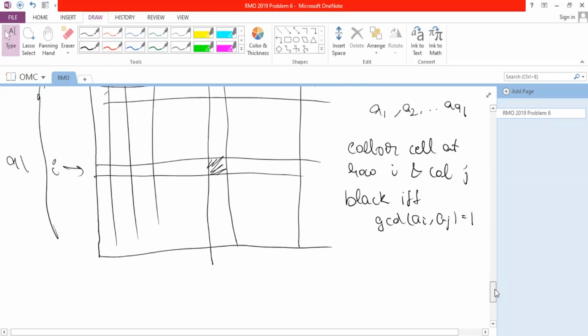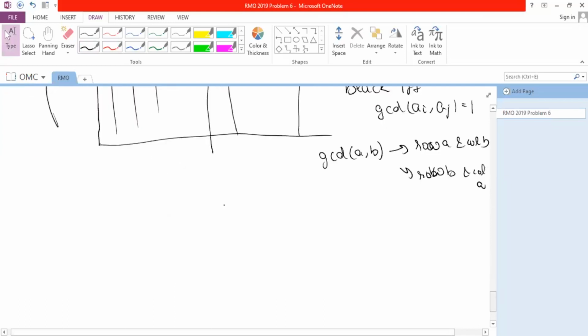So how many black cells would we have this time? Note that a pair A, B with GCD of A comma B equal to 1 blackens 2 cells: one at row A and column B, and the other at row B and column A. So in our grid, we have at least 456 times 2 cells black.